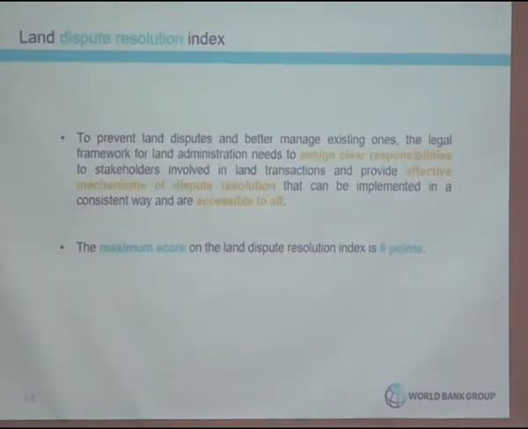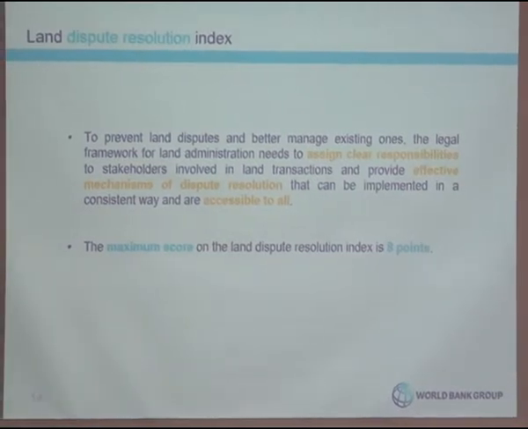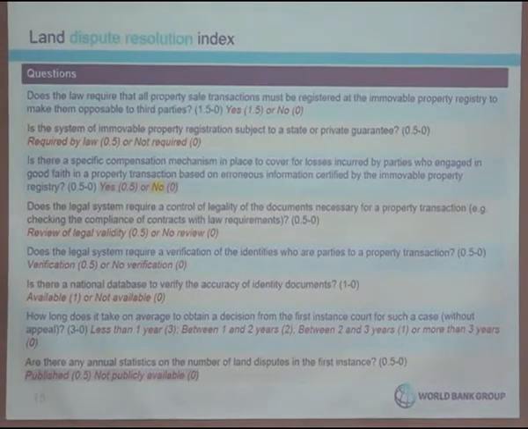Then we look at the Land Dispute Resolution Index, which has a final score of 8 points. As I mentioned earlier, it is very important to have a land dispute system that is clear and that assigns clear responsibilities to stakeholders involved in land transactions, and that would provide an effective mechanism to resolve any dispute that can arise from it. Azerbaijan has a score of 7.5 points out of 8.